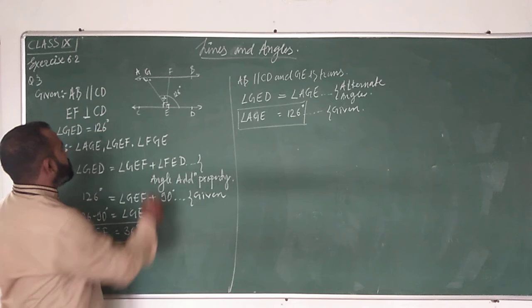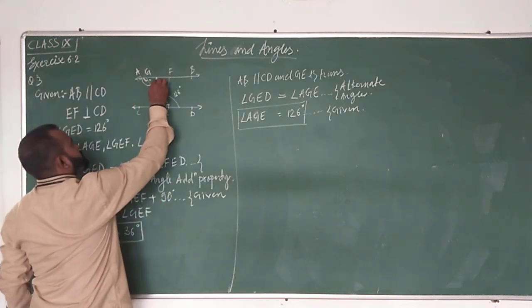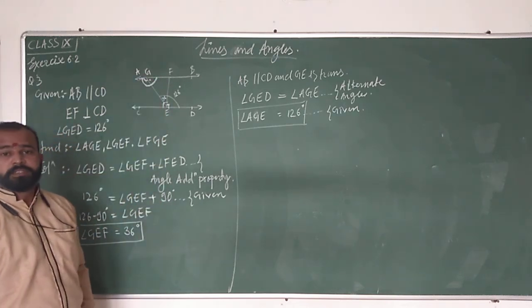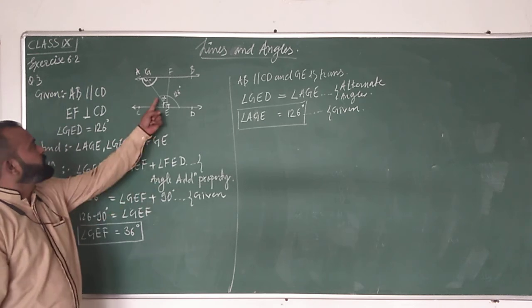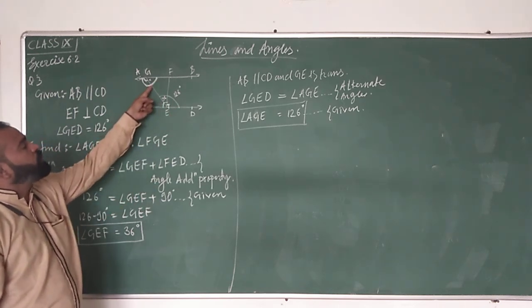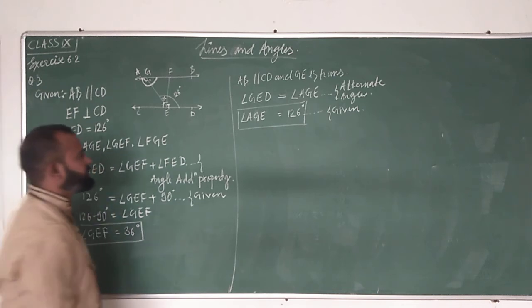FGE. Now what is the relation between these two angles? See, these two angles form a linear pair. Or look at this angle and this angle, these are co-interior angles. So we go by co-interior angles.